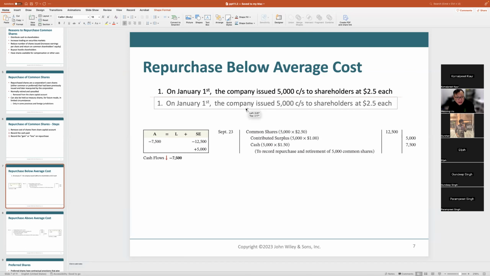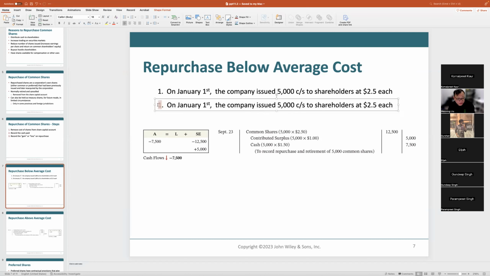And then number two, let's say 30 days later, at the end of the month, on January 31st, the company bought back the 5,000 common shares from shareholders at $1.50 each. Okay, so that is the question.